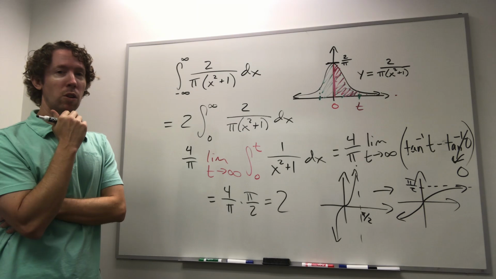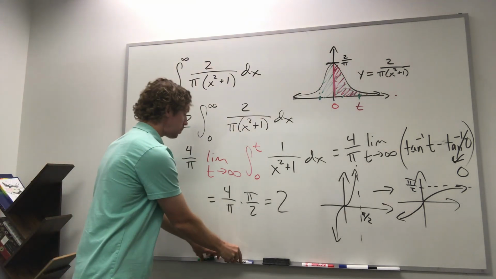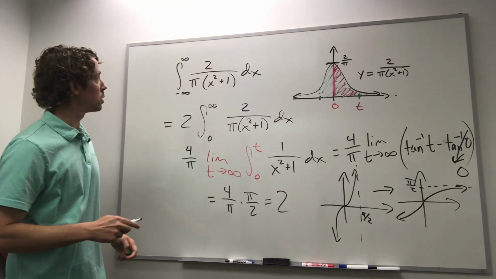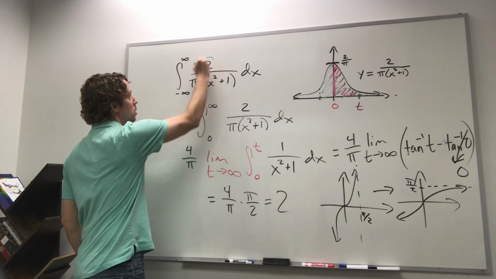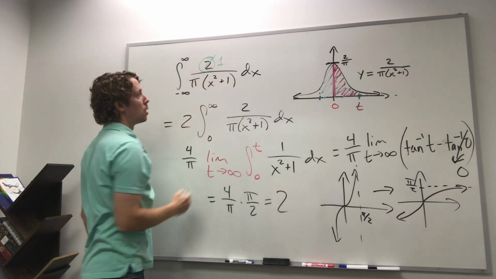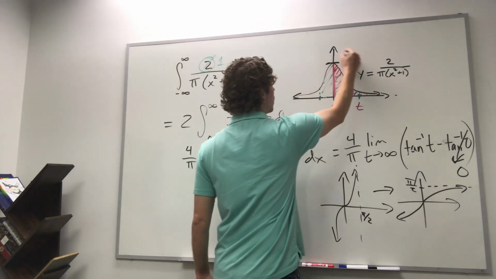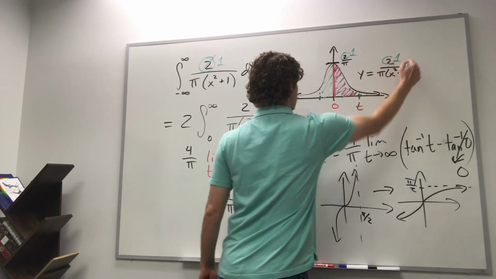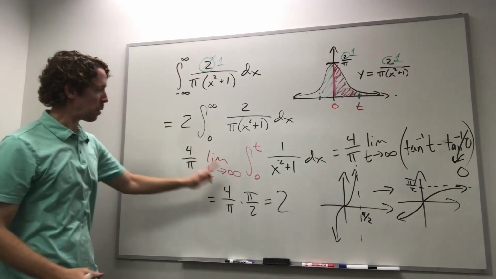Well, instead of going back through it, what I'm going to do is say that this should have been a 1. So then this would be 1. And then that would make this a 1.